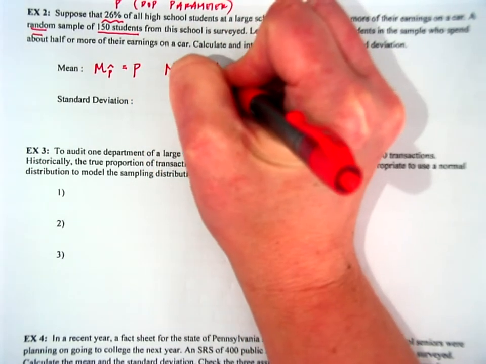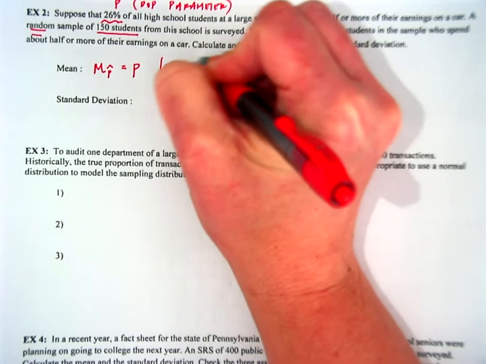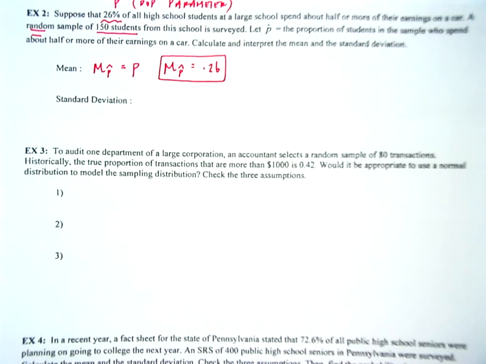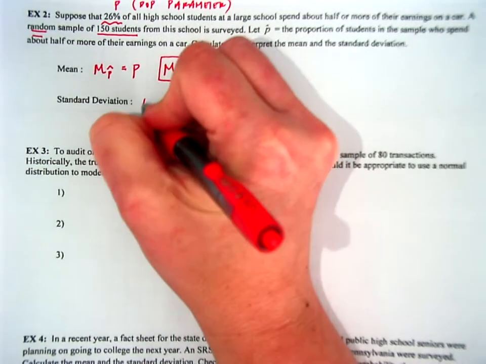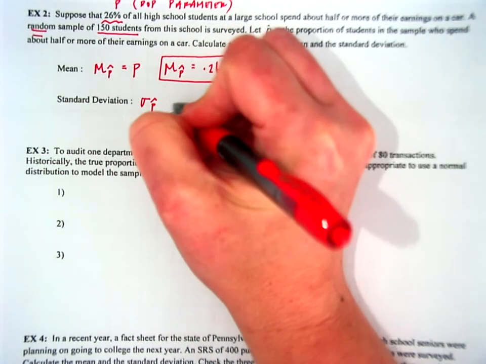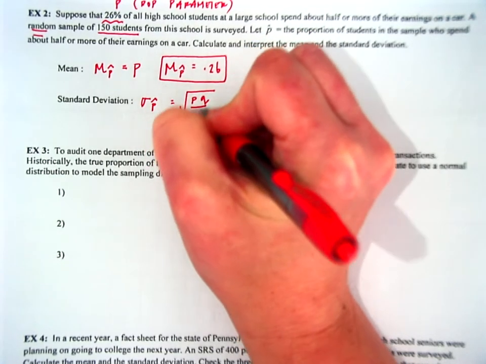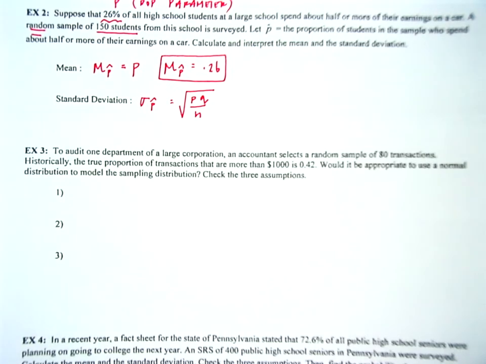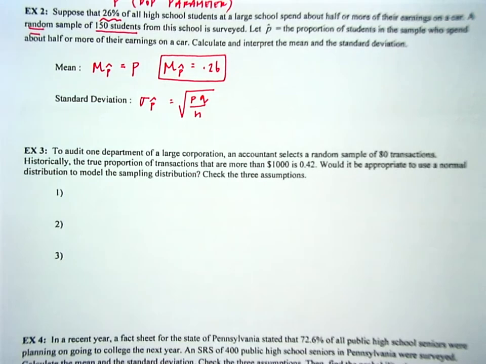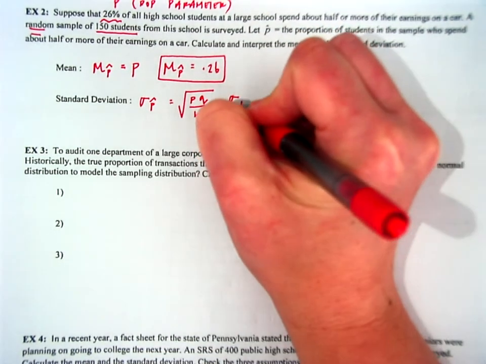Standard deviation is equal to the square root of pq over n, just reminding you of the formula on the other sheet. When I plug in, the standard deviation is the square root of 0.26 times its complement, 0.74, so p times q, divided by 150.